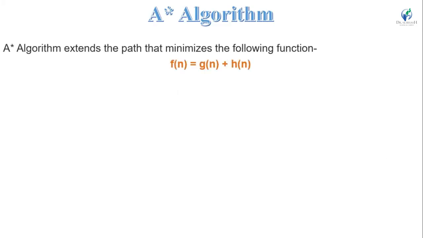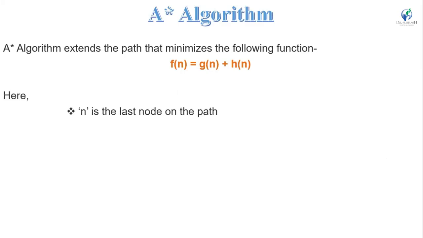To understand how A star algorithm works, first we understand the following equation. The equation is f(n) = g(n) + h(n).